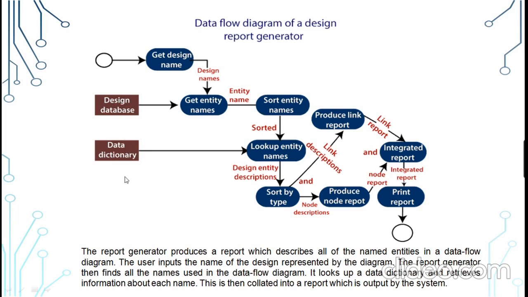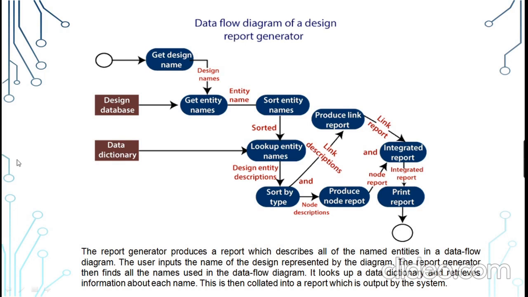So design database and data dictionary are the data stores. And you can see the arrow marks which show how the data is flowing into the report generator. And finally report print, and then the output is generated.